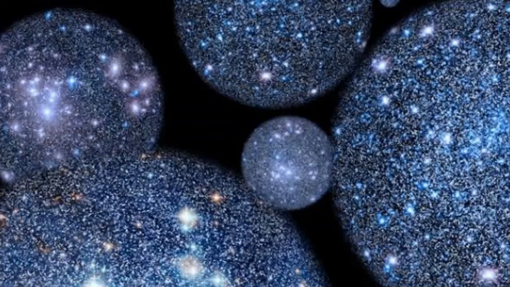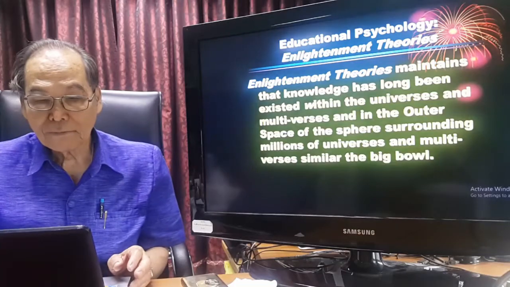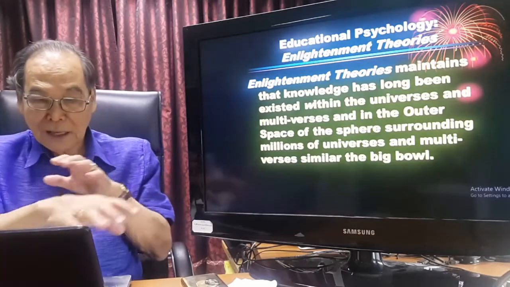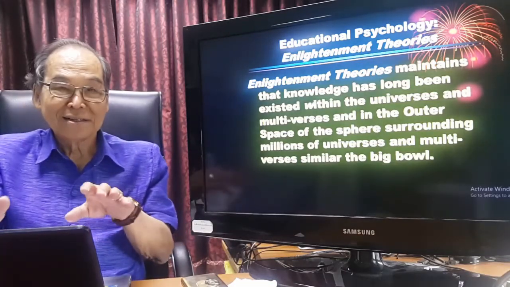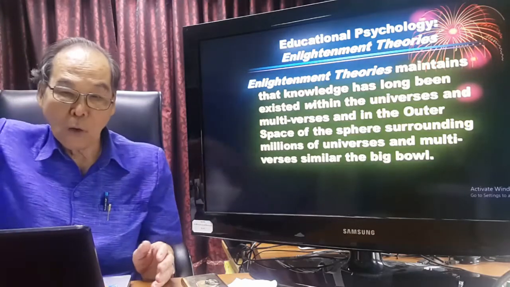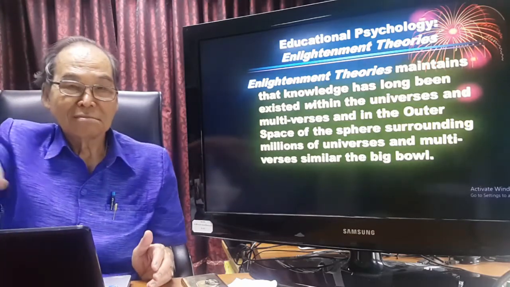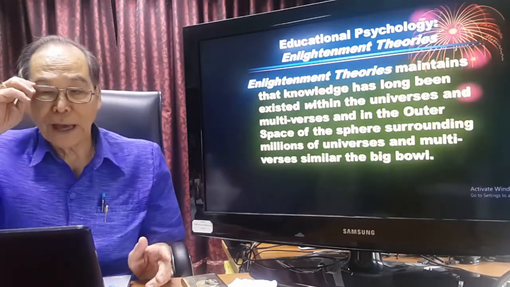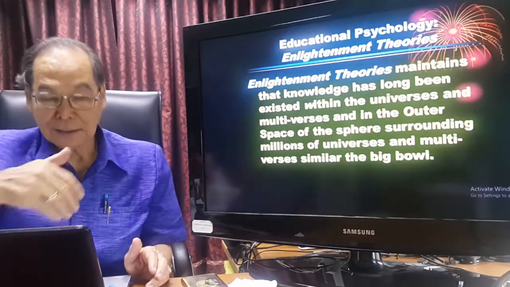In the big bowl, because they are far away, you see just like a star, but actually they are universes comprising 100,000 stars and planets. We are thrown around in this big bowl, in the water of endless traveling.